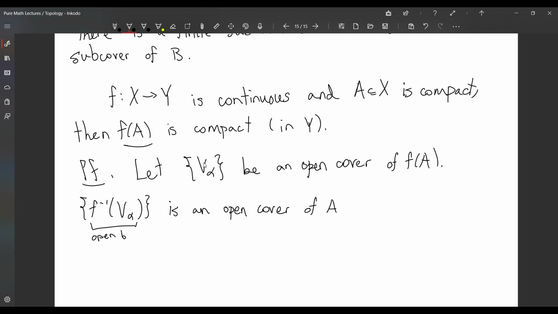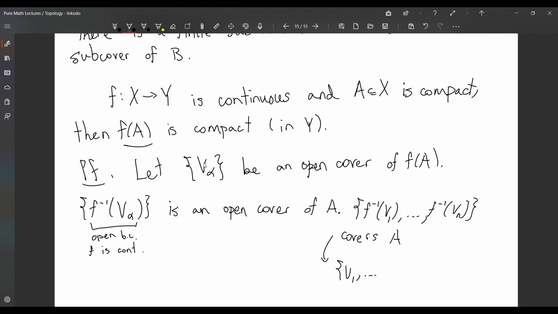And then there's a finite subcover, which means that V1 through Vn covers f of A. Of course I'm skipping steps here, but I'm fairly certain that this is the general approach to the proof. Of course you should fill in the details.